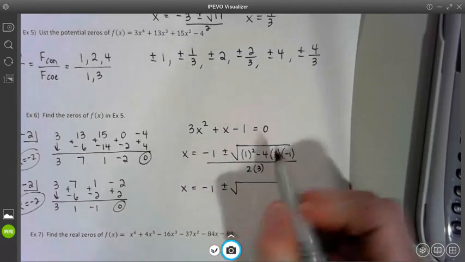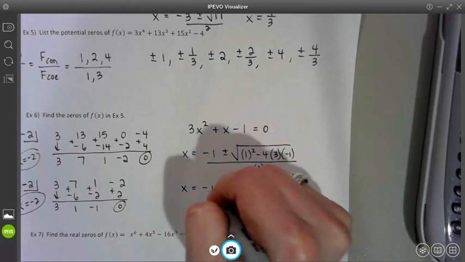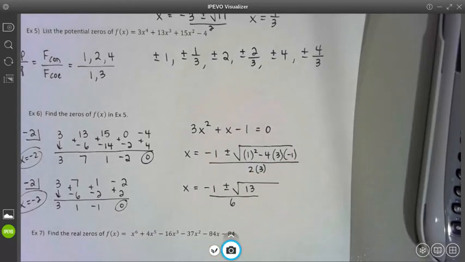It's going to be 1 plus 12 is 13 over 6. So you're going to get -1 plus root 13 over 6 as one of your zeros and -1 minus root 13 over 6 as your fourth zero.